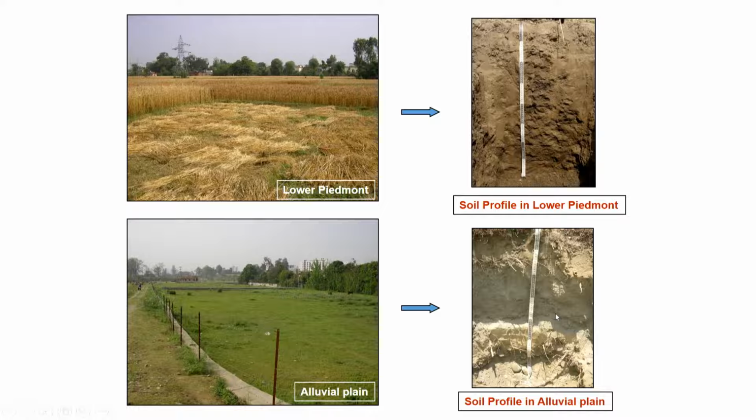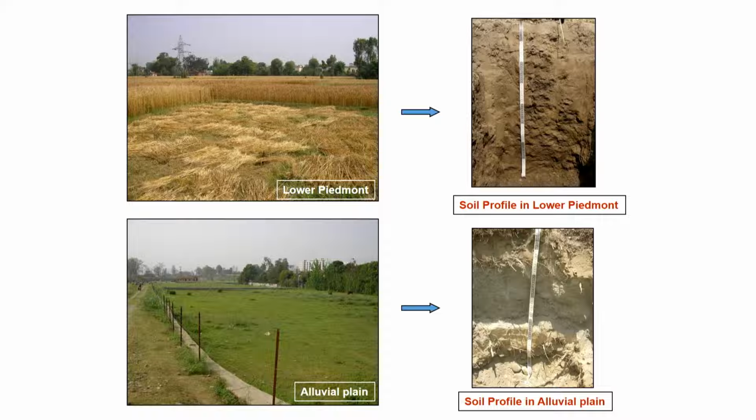So unless you expose and take a soil profile, you cannot get the information of the soil. Then we collect each layer, that is the horizons, the soil samples, and analyze in the lab. If you are not interested in the subsurface or lower layers, then topsoil only can be collected up to 20 centimeter depth or 50 centimeter depth.